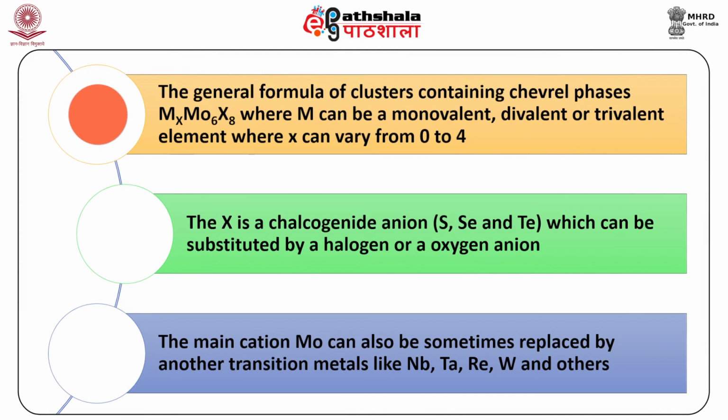The general formula of clusters containing several phases is MxMo6X8, where M can be a monovalent, divalent or trivalent element, and x can vary from 0 to 4. The X is a chalcogenide anion, which is sulfur, selenium or tellurium, which can be substituted by a halogen or an oxygen anion.